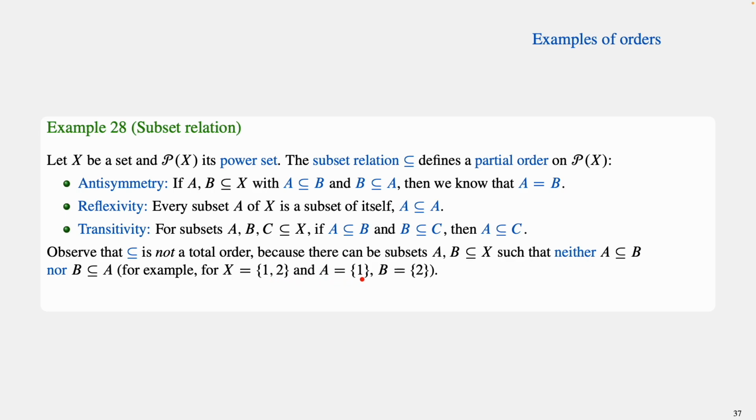If A contains 1 and B contains 2, then these two subsets are not comparable. Neither one is a subset of the other. And the associated strict order is the proper subset relation, which we denoted by this symbol here.